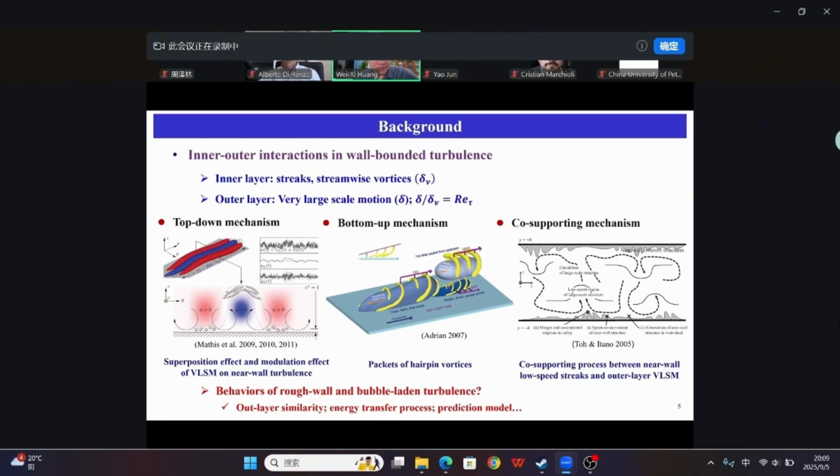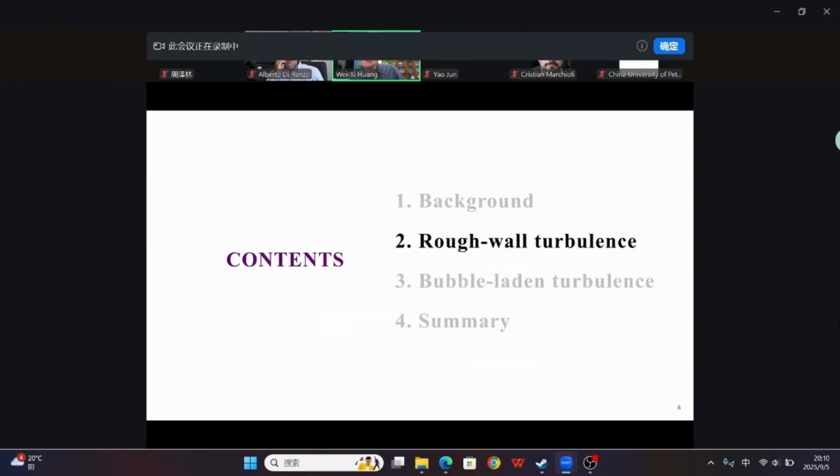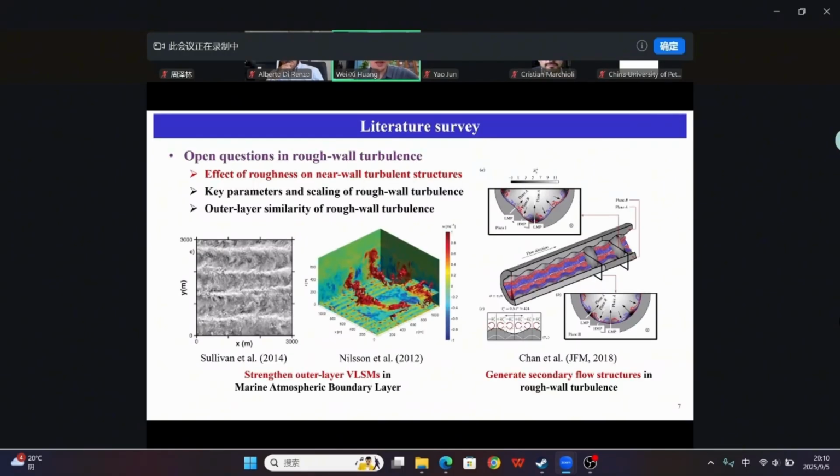We may check whether the outer layer similarity is still valid or not, whether the energy transfer process is modified or not, and whether we can propose some prediction model for this kind of more complicated situation. So my first topic is rough wall turbulence.